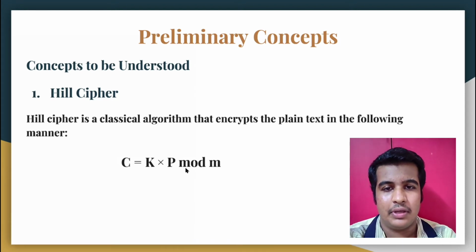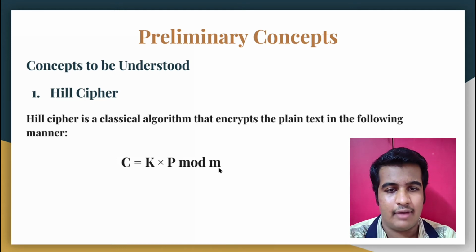So, what we do here is convert key and plain text letters into their numeric equivalents. Let's say A is 0, B is 1 and so on until Z is 25. After converting both key and plain text into numbers, we wrap them into matrices of suitable dimension such that they can be multiplied and give a valid result. After multiplying, we take the result modulo m, which is 26 in this case, because there are 26 values in our plain text.